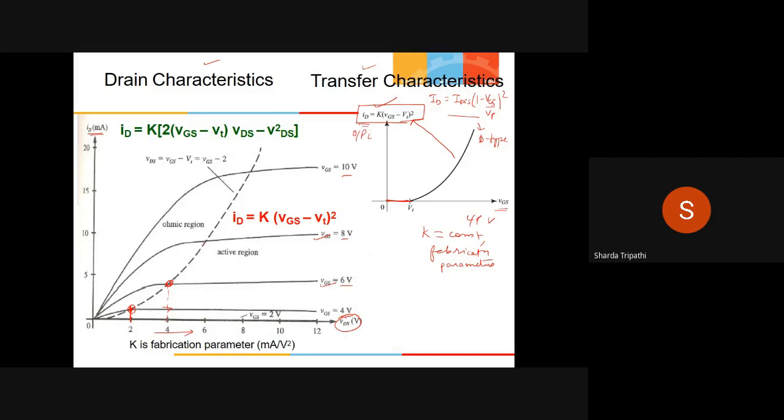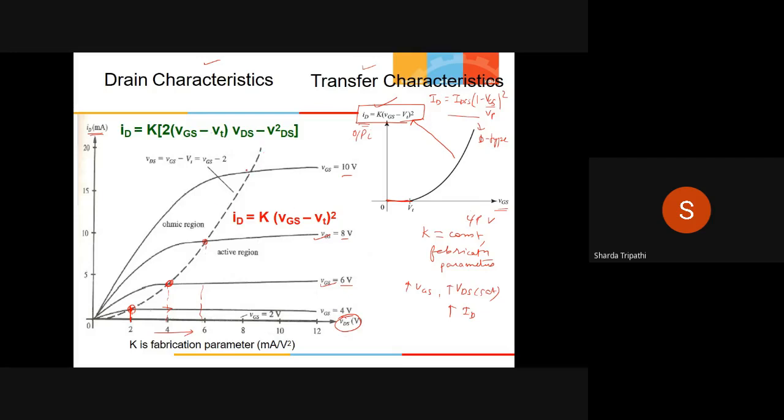Similarly, if you go for 8, the saturation voltage further increases to say 6 volts and so on. So with an increase in VGS, we are also increasing the saturation voltage, VDS saturation, and in turn, we are also increasing the drain current.